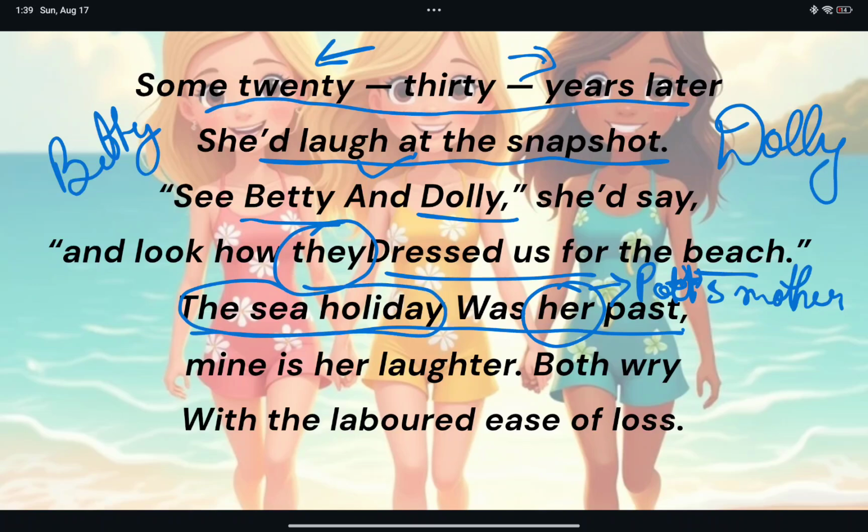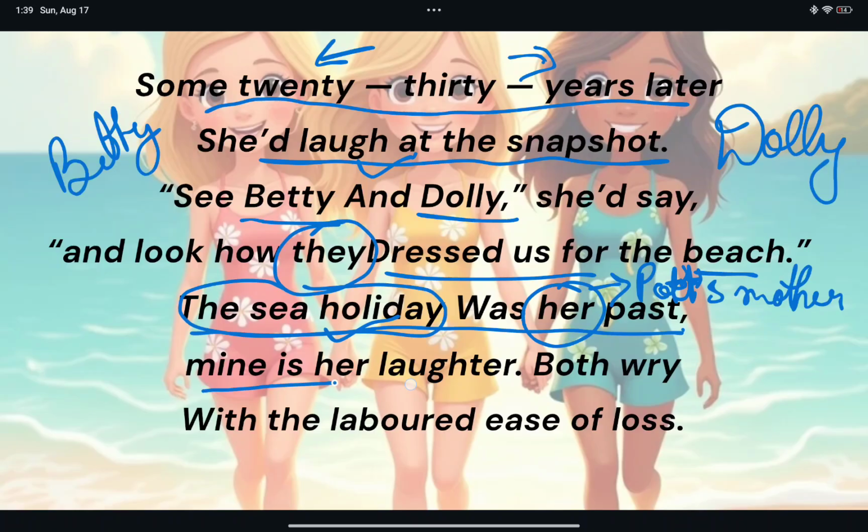Even when she was alive, when she used to take a look at this picture, even then, this sea holiday was her past. It was something from her childhood. So, this was something which was there in her memory. She had lived this memory long years back.